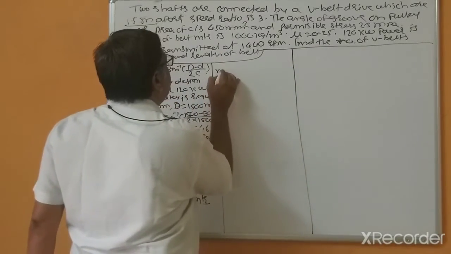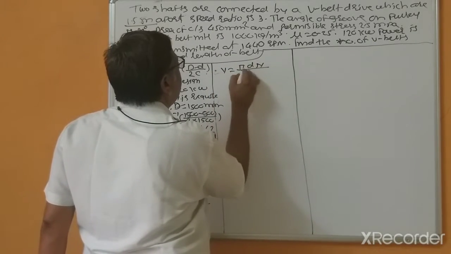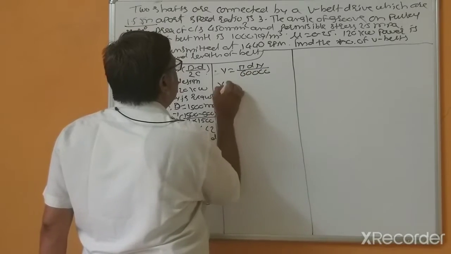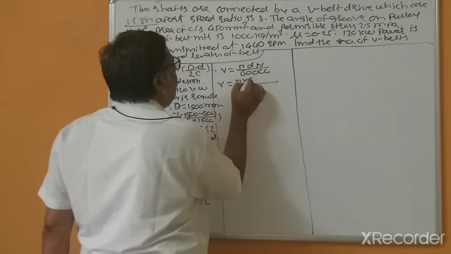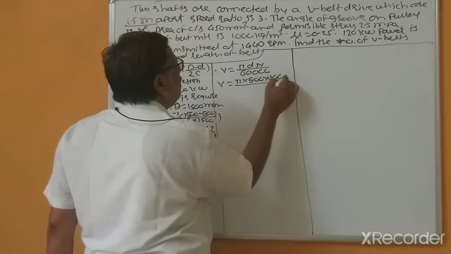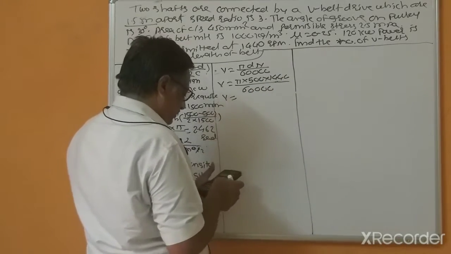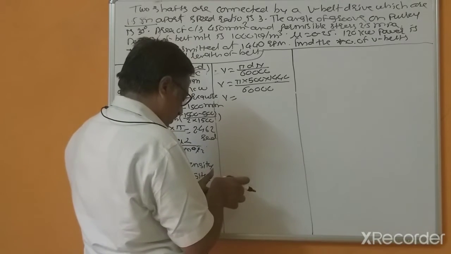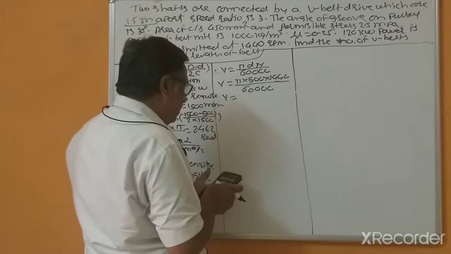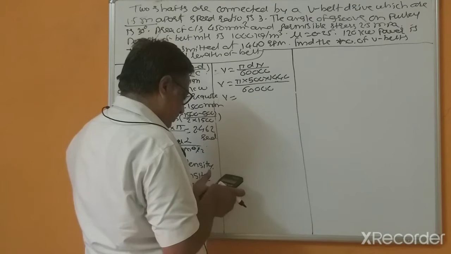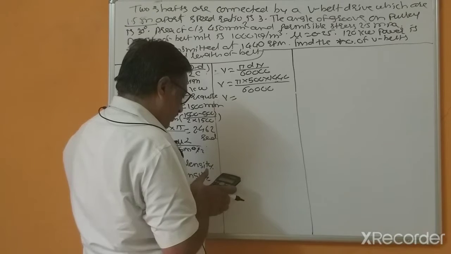So next step is mv squared. V equal to pi d n divided by 60,000. So pi, diameter of the smaller pulley 500, and n equal to 1440, divided by 60,000. V equal to pi multiplied by 500 multiplied by 1440 divided by 60,000.